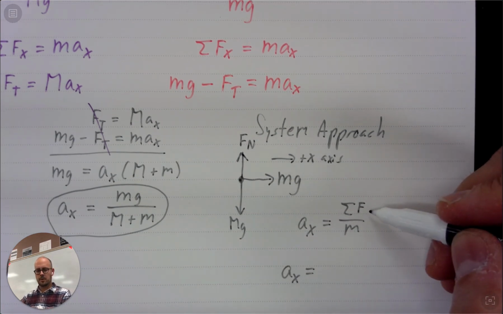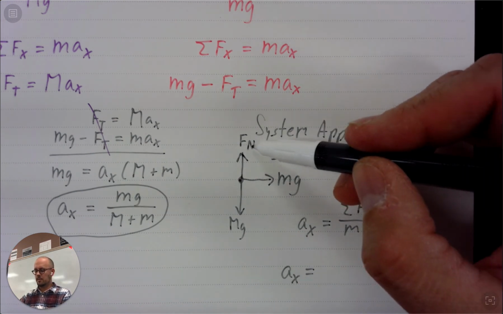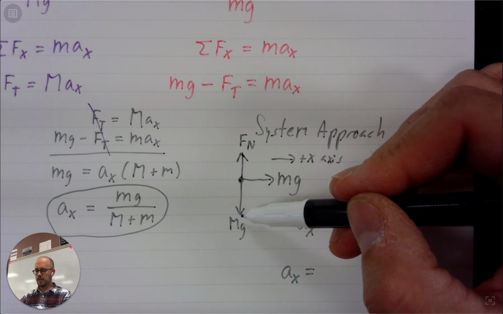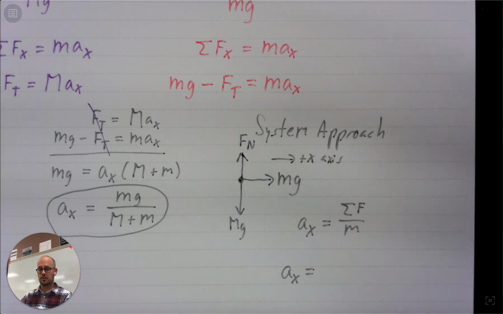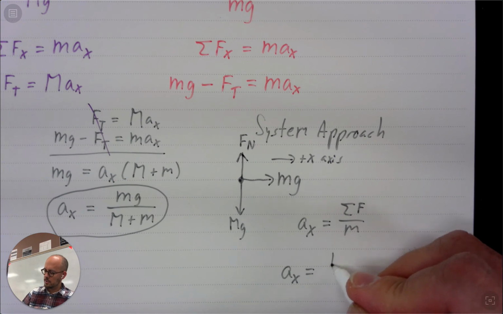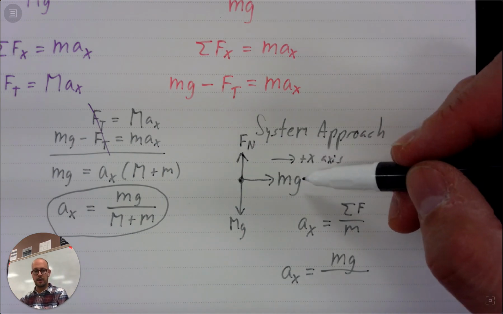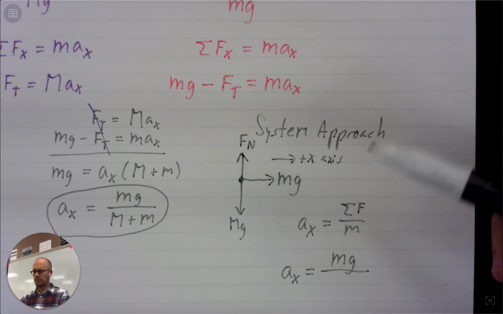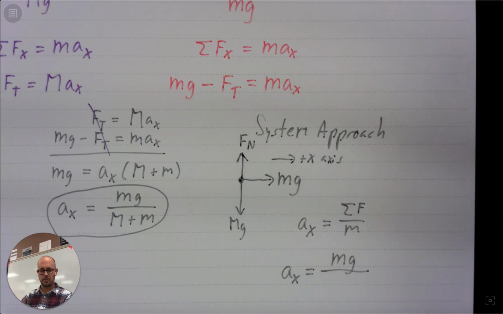The net force is the sum of all the forces on this object. Normal and gravity for big M balance, but mg is not balanced. So the net force on this object is mg. That's the net force, and so it's the only unbalanced force there. There's nothing to add or subtract from it because there's no other horizontal forces.